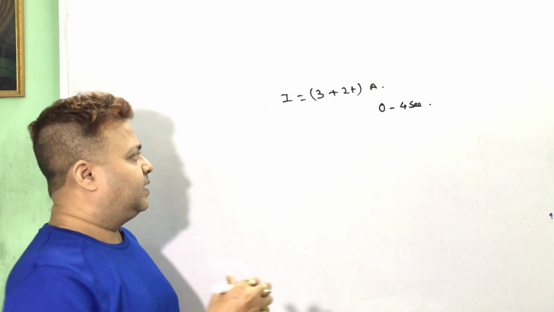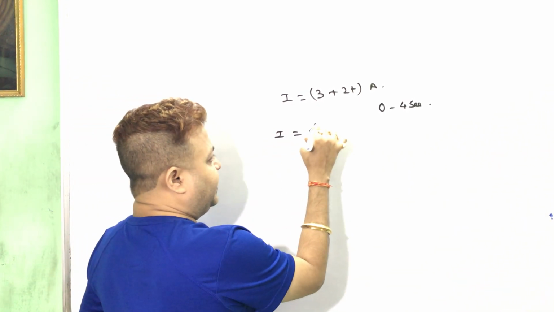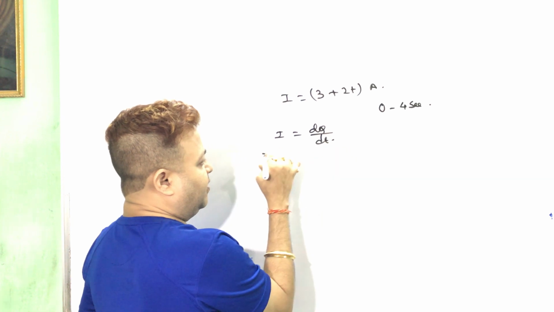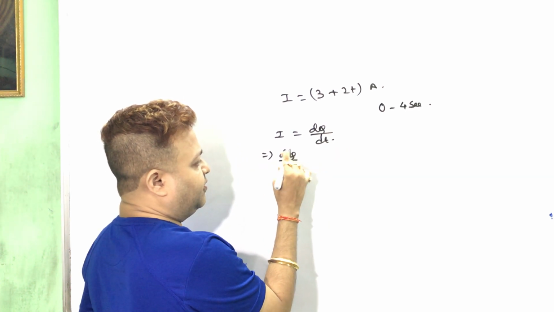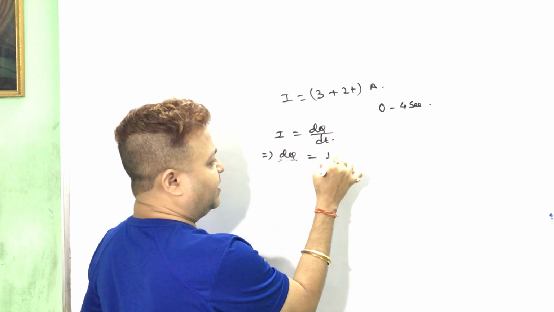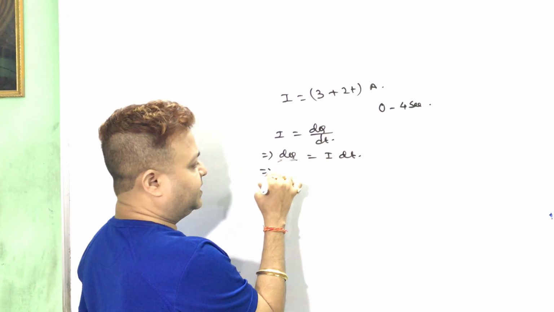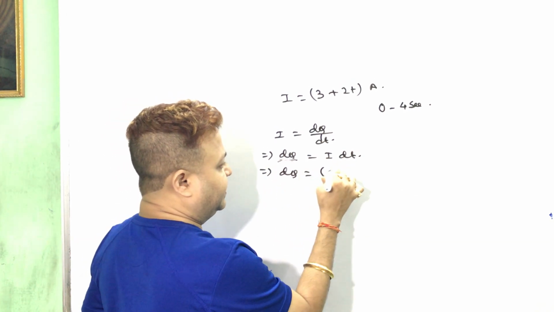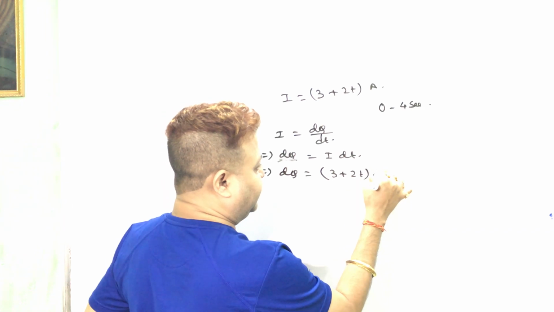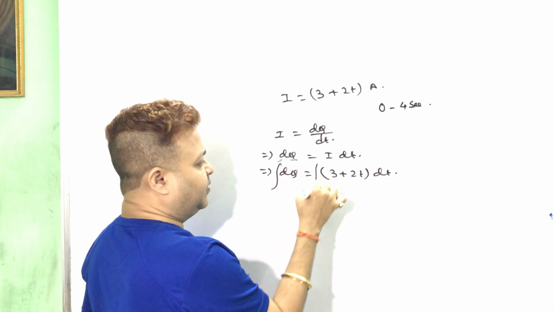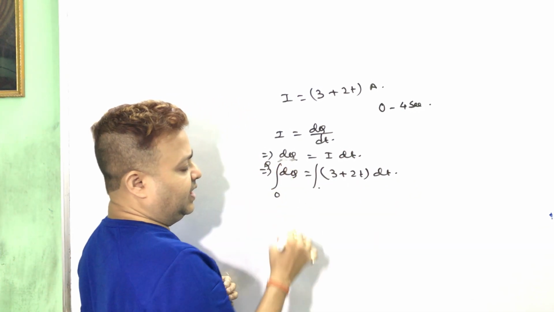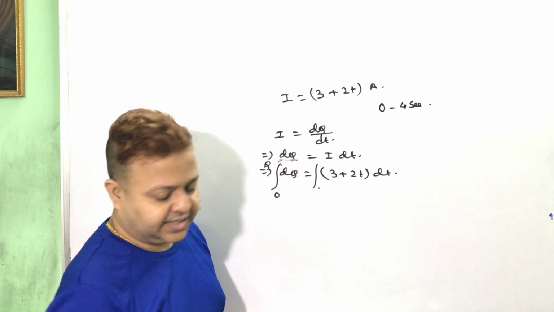Okay, so I equal to dq by dt, or dq equal to I into dt. Just integrate and it will come out. See, 3 plus 2t into dt, integrating on both sides, 0 to q, and this is for 0 to 4 second.